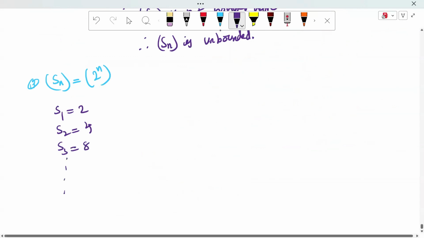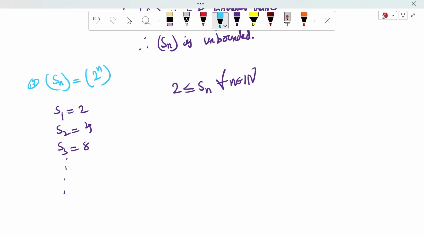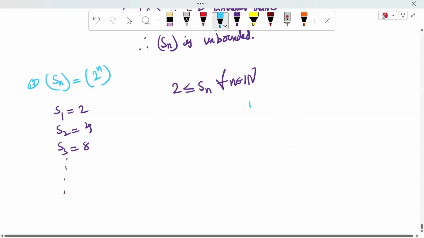It is nothing but 2 is less than or equal to Sn for all n belonging to the natural numbers. So the infimum of the sequence Sn is equal to 2.